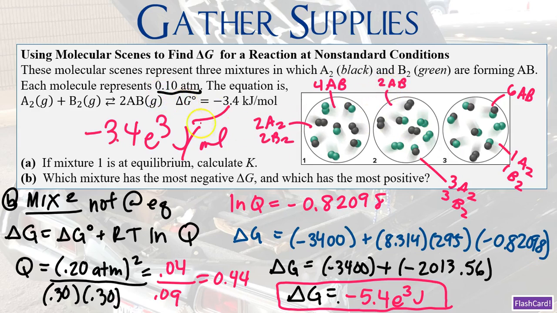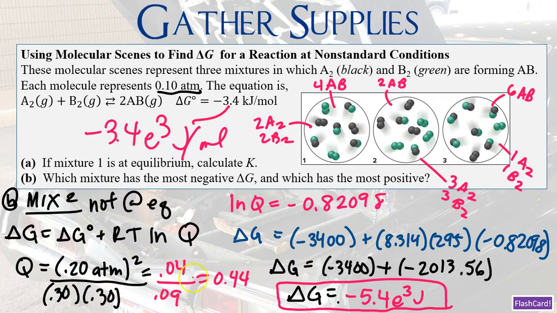So if I take 2 and multiply by 0.10, I get 0.20 atmosphere. Of course, I'm going to square this because I have 2 products. I'm going to divide it by 0.10 times 3, and that's going to get 0.3 for A2 molecules and also 0.3 for B2 molecules. When I take 0.2 and I square it, I get 0.04. When I multiply 0.3 times 0.3, I get 0.09.